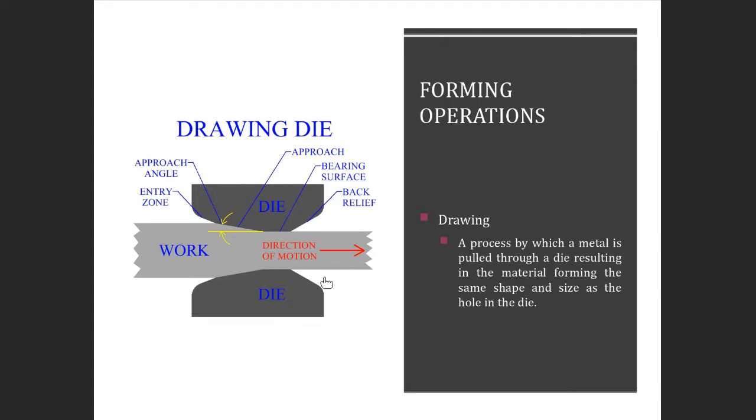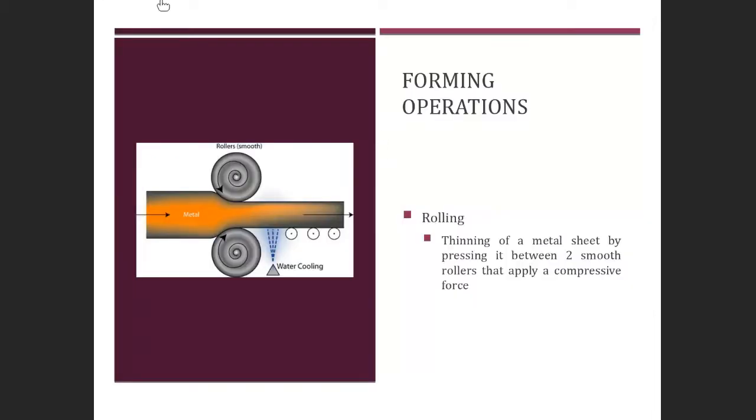The reason why you end up with an equiaxed grain structure during a hot forming process, probably better if I go back to the rolling, is that your grain structure over here should be equiaxed.